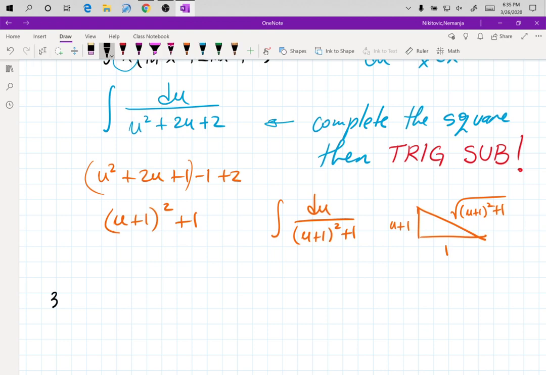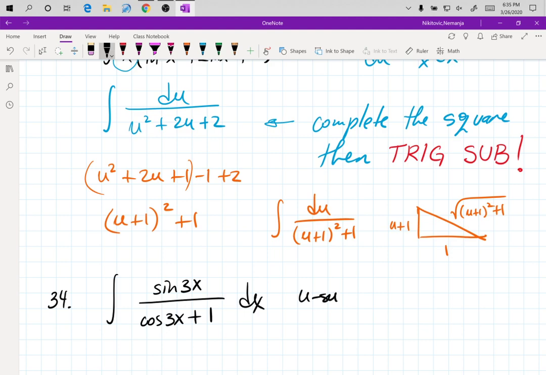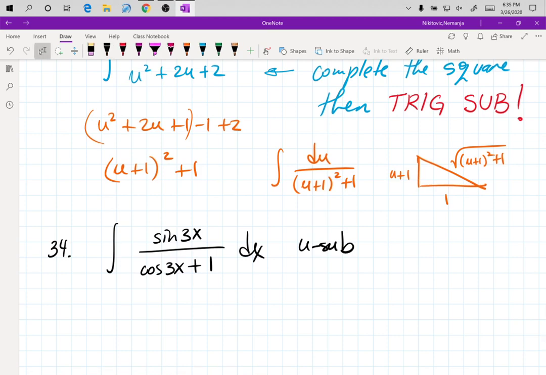Let's go with the 34 because that one is obvious and easy. You just have to be careful with constants. This one is obviously just a basic u sub. This one should literally take you less than a minute to plow through it.